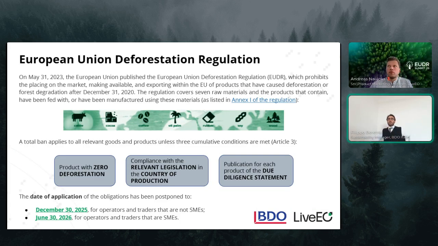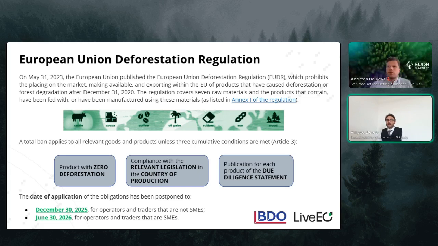So let's now talk about the European Union Deforestation Regulation. The European Union enacted the regulation on 31 May 2023. You know that a regulation, unlike a directive, enters into force directly in member states without the need for transposition.